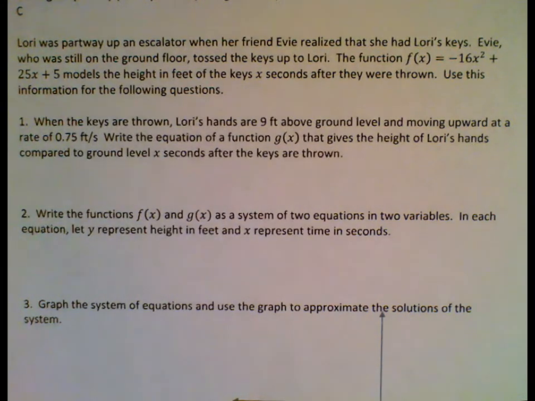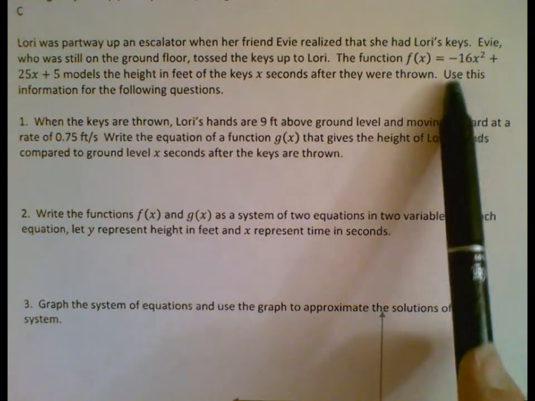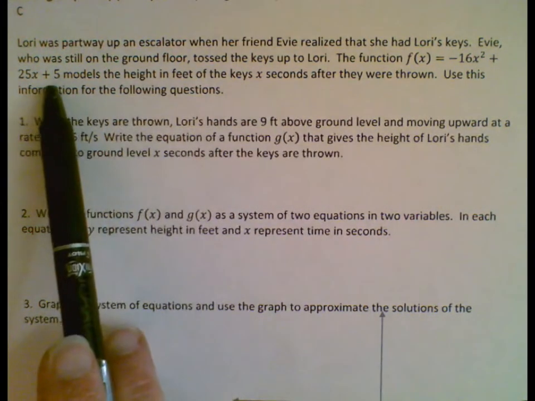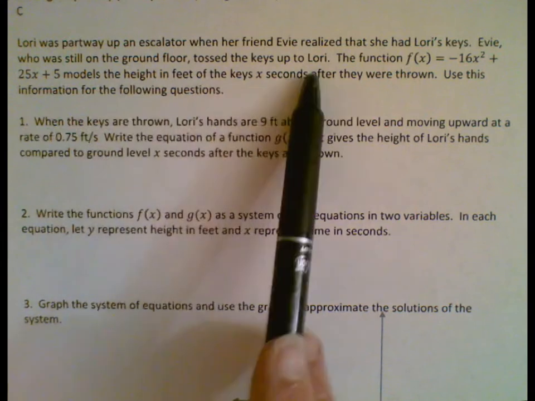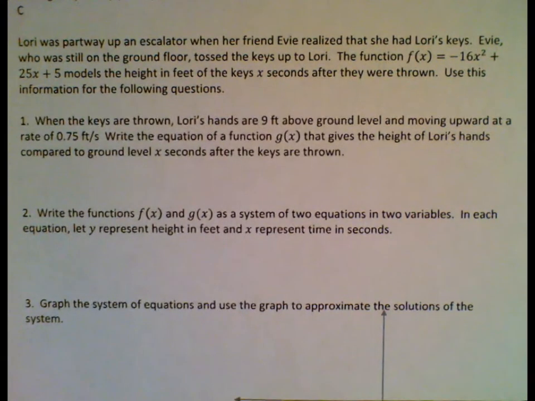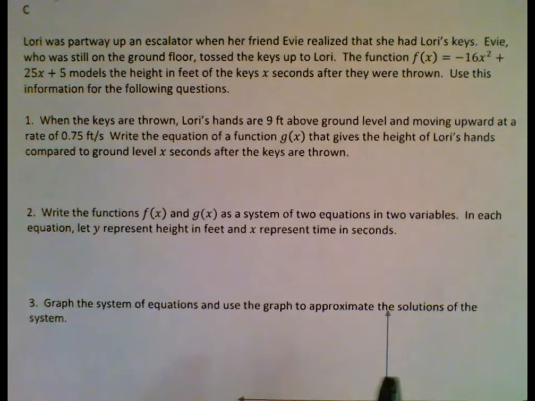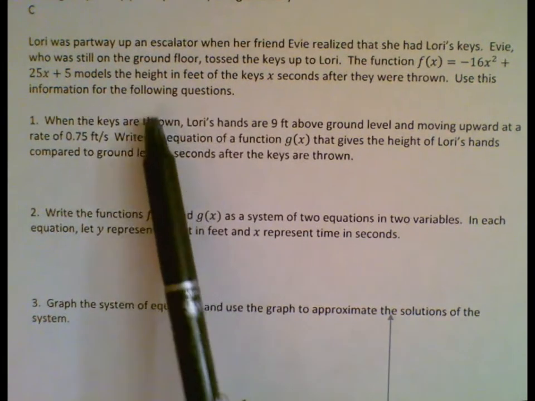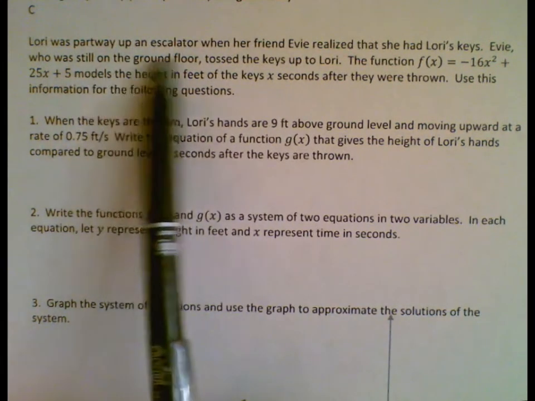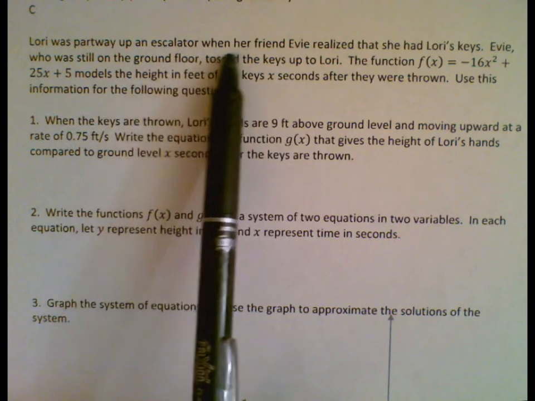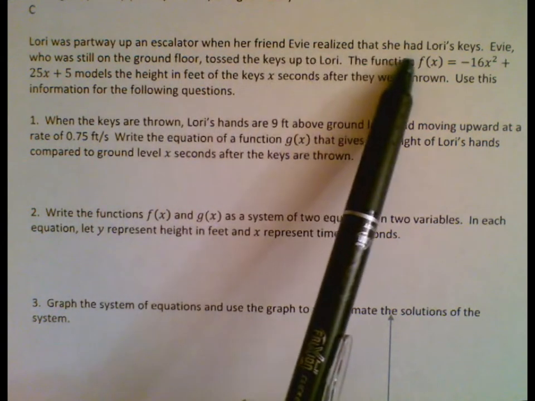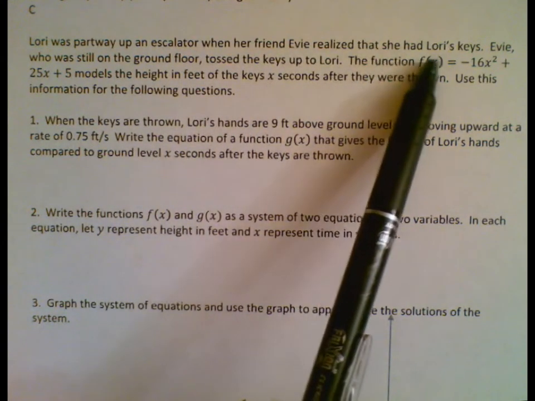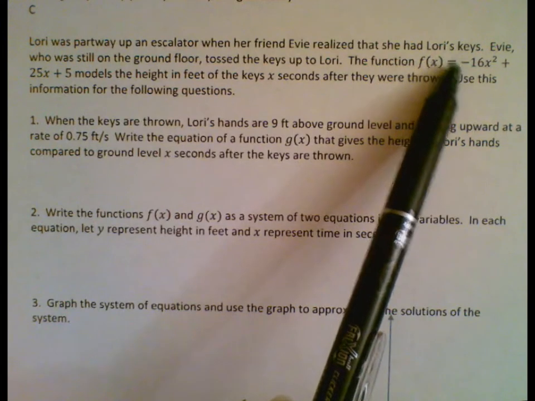So the nice thing is they give us the quadratic equation that's given in the information in the first paragraph. So we're talking about two friends that are going up an escalator, and they had each other's keys.